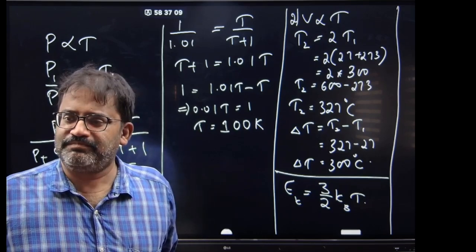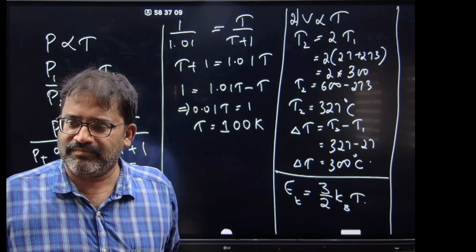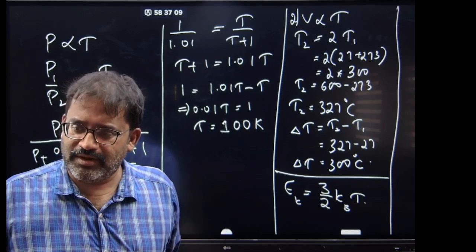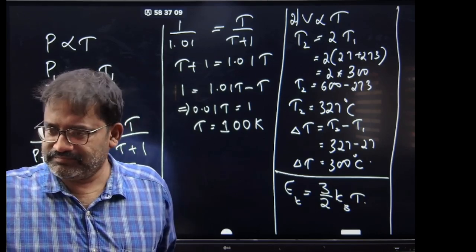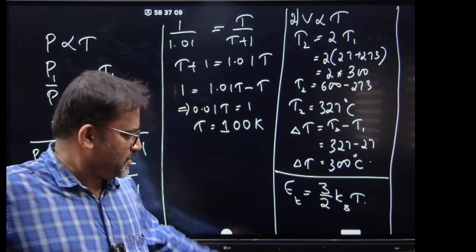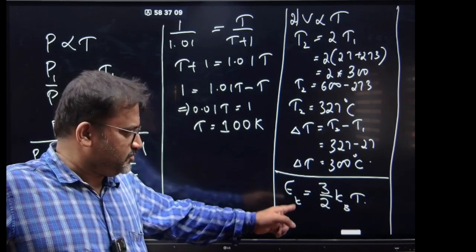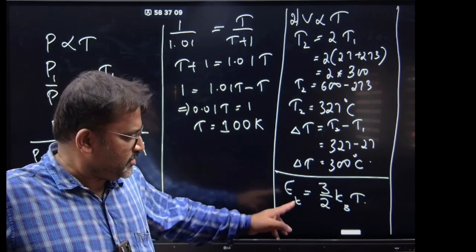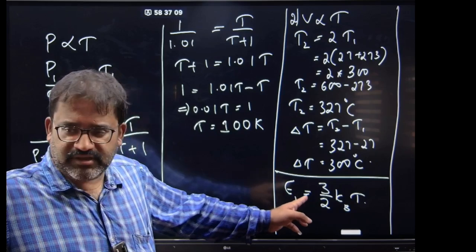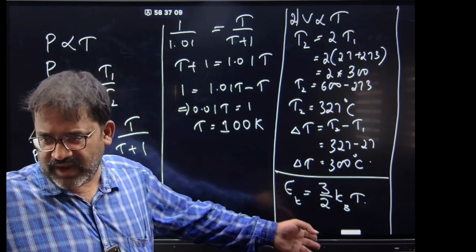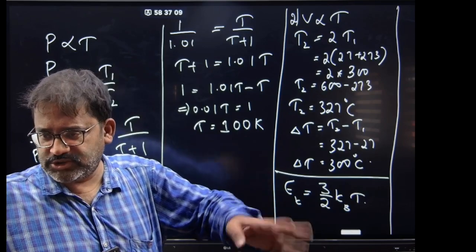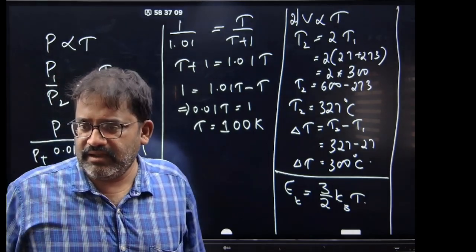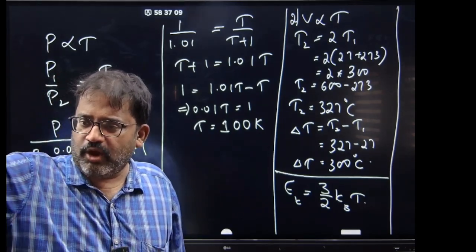Read the question again. Pressure of an ideal gas is increased by keeping temperature constant. Next sentence: the kinetic energy of molecules. Pay attention here. The kinetic energy of the molecule is given by 3/2 kBT. So the right hand side of the equation has 3/2, which is a constant, about 1.5. kB is also a constant, the Boltzmann constant, and temperature is kept constant.